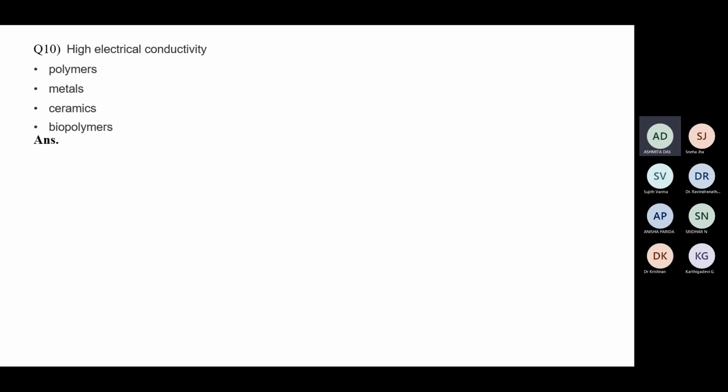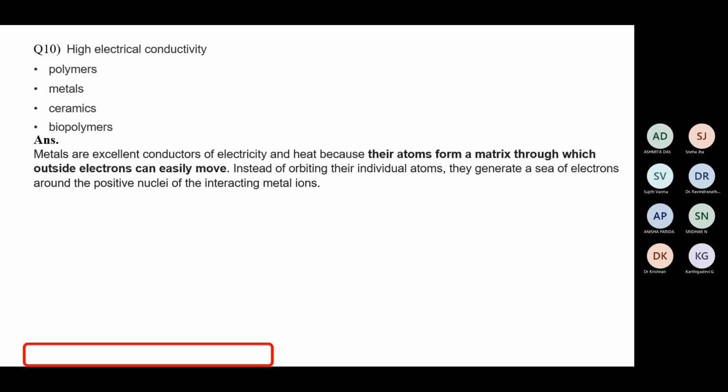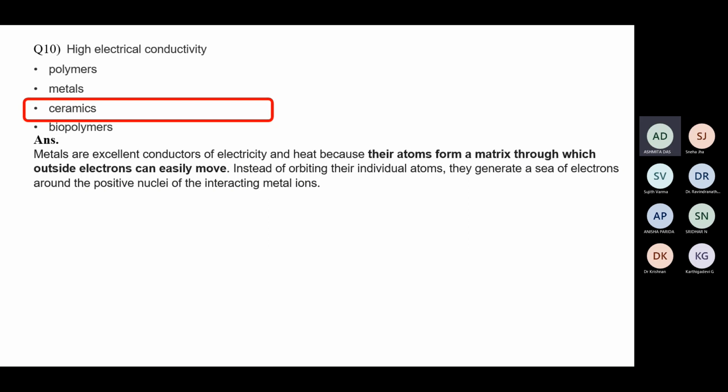But in the normal scenario, and for biomaterials, we are not using superconductive materials, right? So the correct answer is metals.